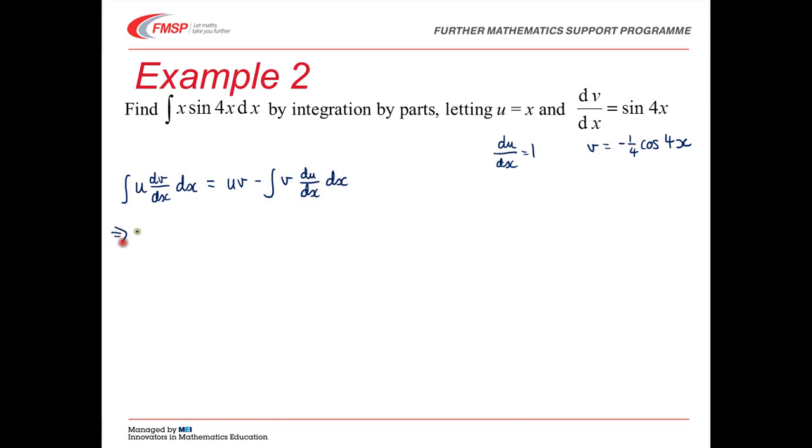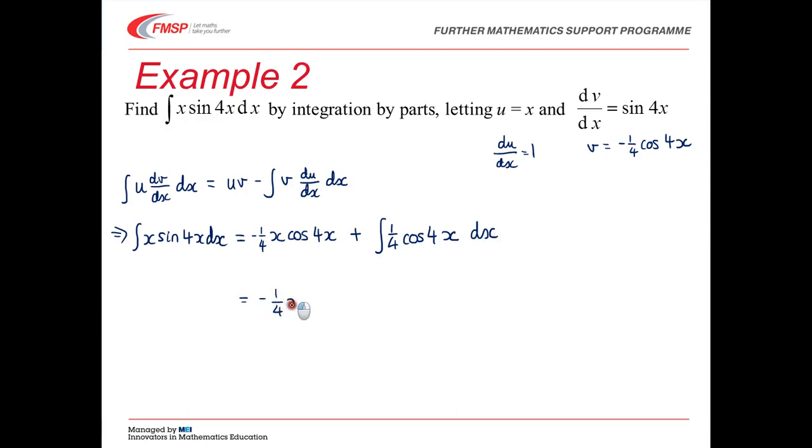So for my example, that's integral of x sine 4x dx equals uv. So that's x times minus 1/4 cos 4x minus, well v is minus, so I'll change that to a plus, 1/4 cos 4x. du by dx is just 1, so then that's dx.